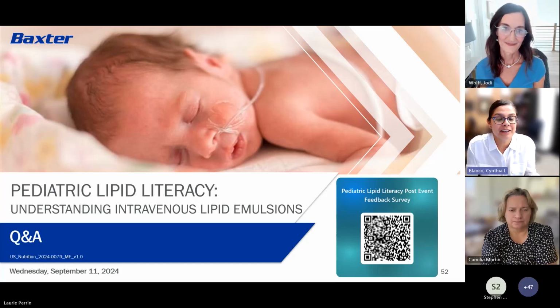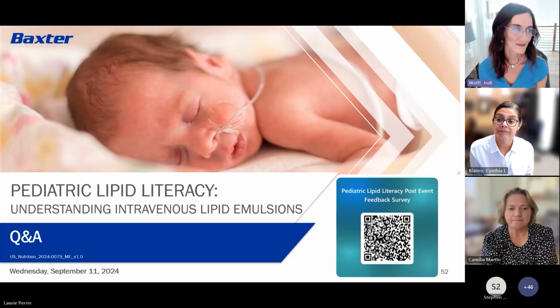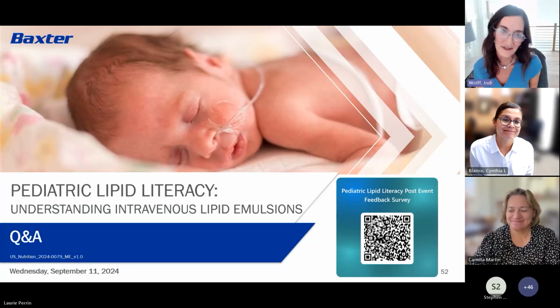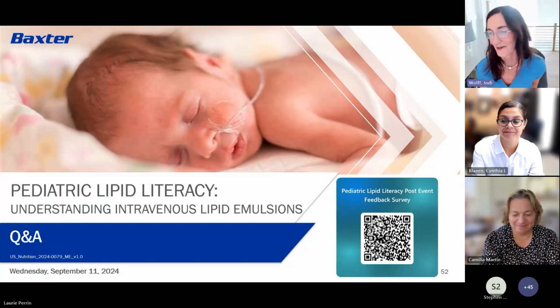We've been using it for so many years along with all these other products that we're probably going to continue to use it for now in order to give IV nutrition for this baby. Yeah, that comes down to your clinical judgment, but always feel free to call medical affairs or med info and see if that information is available.